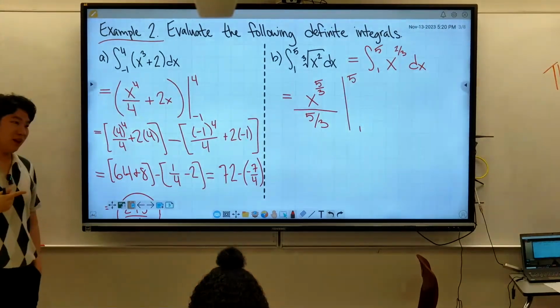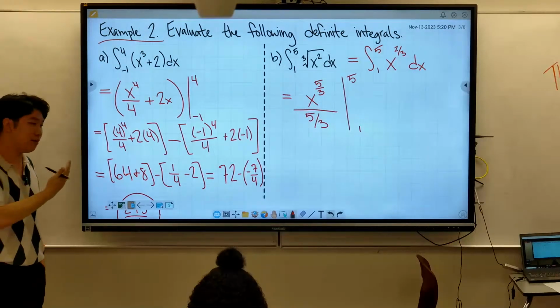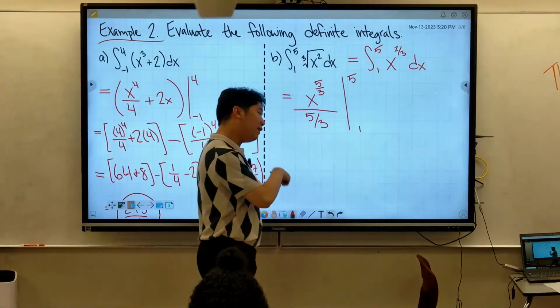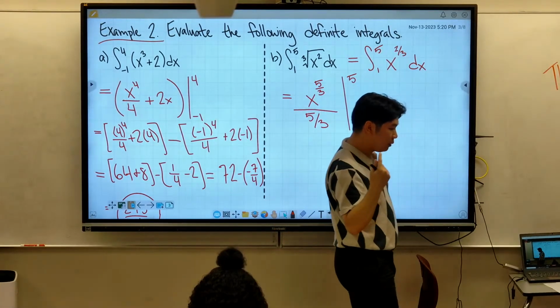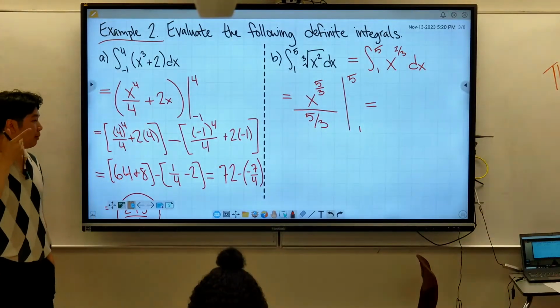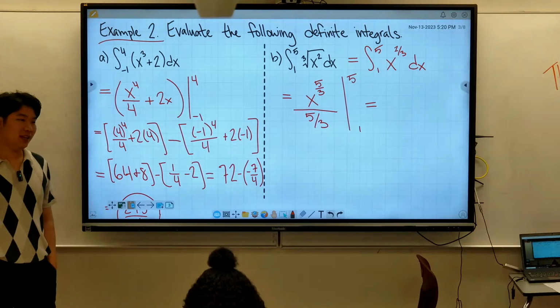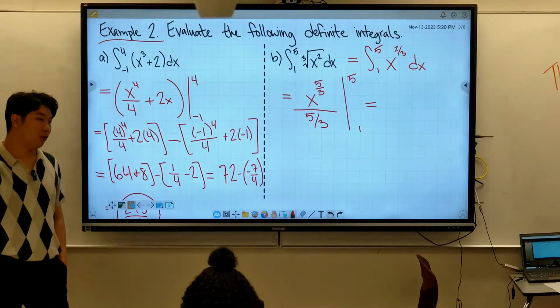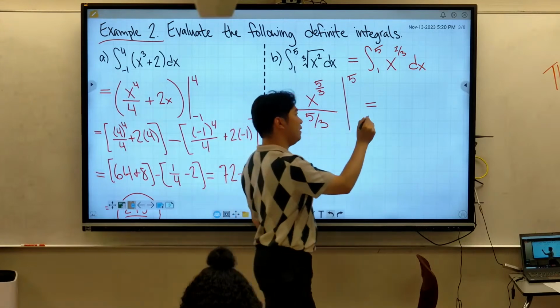Before I actually go ahead and plug them in, it might be useful for me to clean this up. Otherwise, I end up with something that's really messy. How do I clean up dividing by a fraction? Yeah, all three of y'all basically saying the same stuff. To divide by a fraction, we do our keep flip change, or in other words, if I want to be a little bit more formal, we're multiplying by the reciprocal, the flipped version. 5/3 flipped is 3/5.